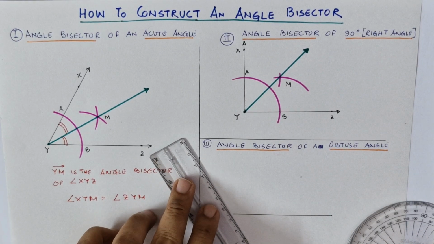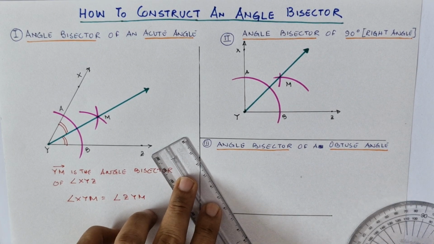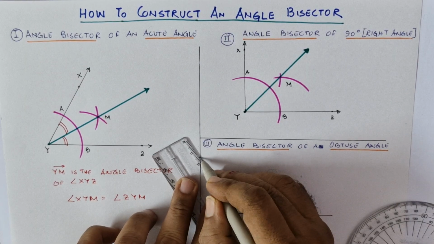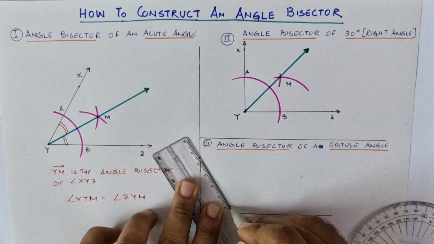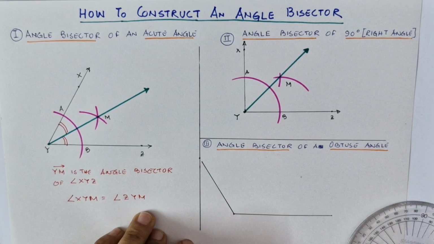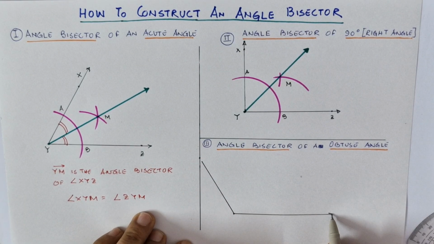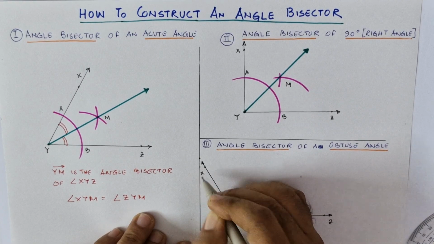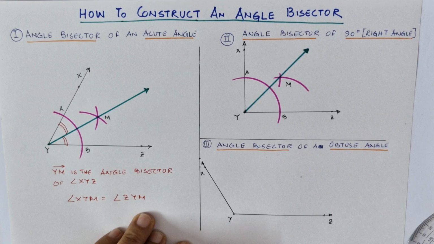Got it? So we'll take this point and this point. So obviously this is an obtuse angle. So again we'll name this Z, this X, and the vertex Y.